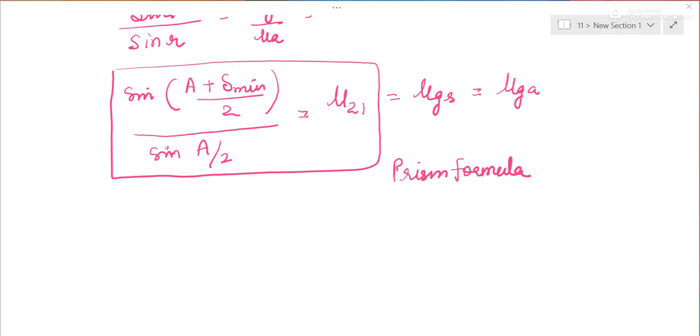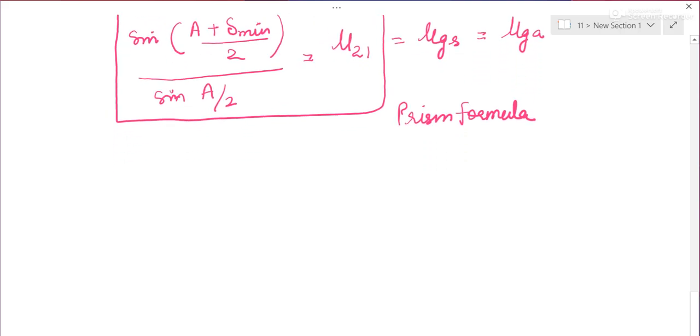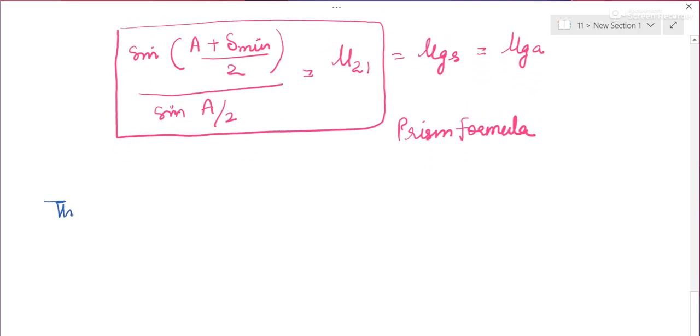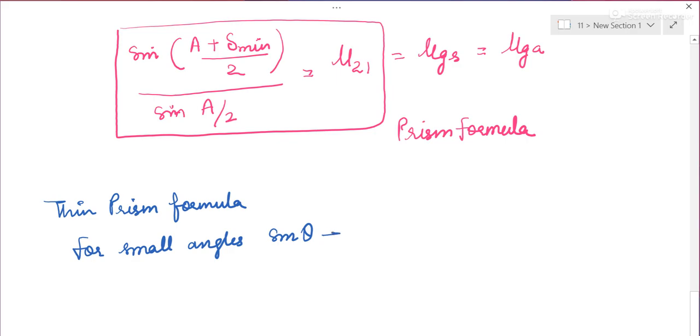Okay, now we have a thin prism formula. That is a special case, right? When the prism is very thin, thin prism formula. So we know for thin prism, that is for small angles, sin theta is approximately theta. So we'll write this as A plus del minimum by 2, and lower quantity we'll write A by 2.